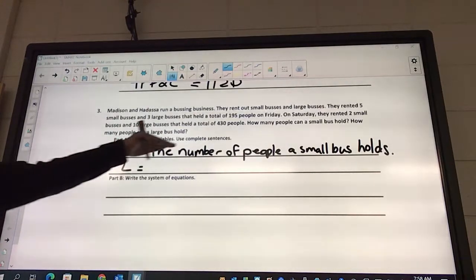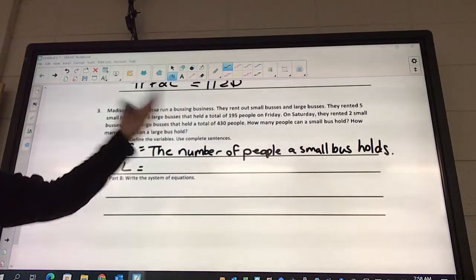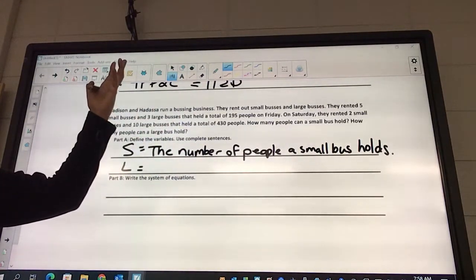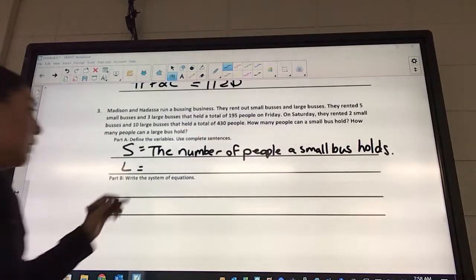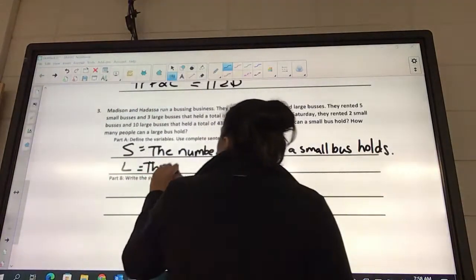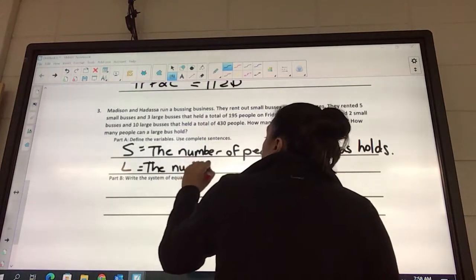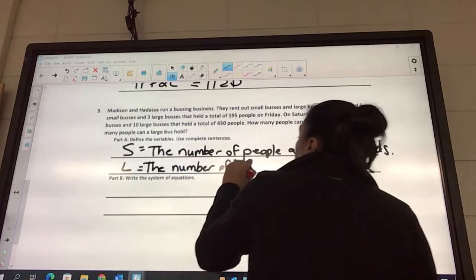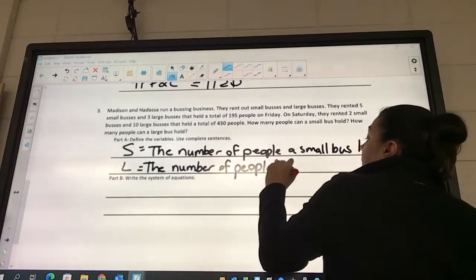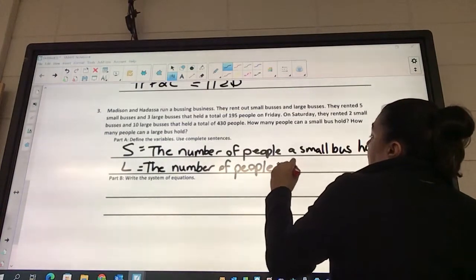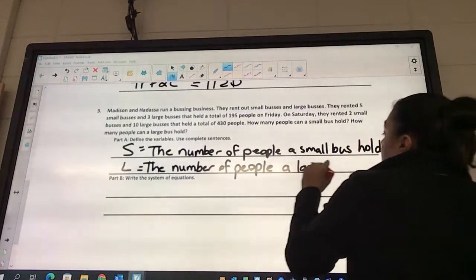And you can copy this whole sentence down again the exact same, and instead of small, you're going to say large. So L is the number of people a large bus can hold.